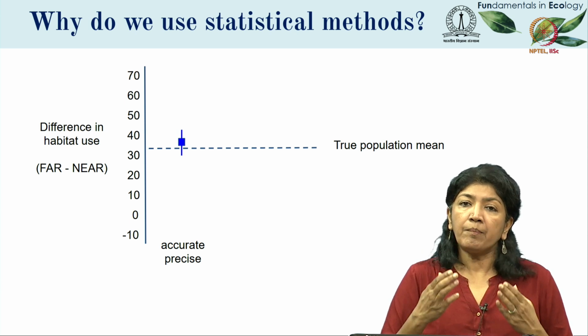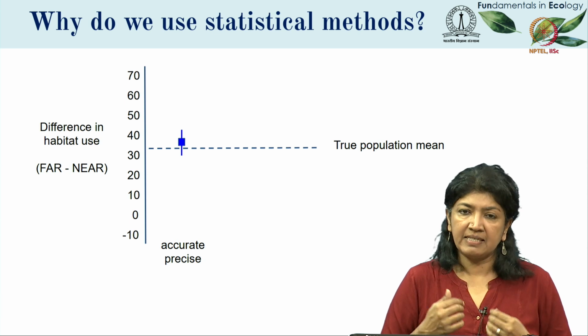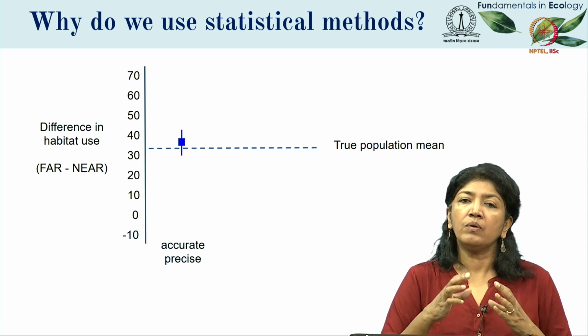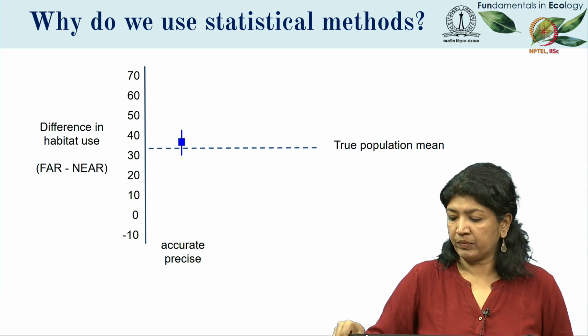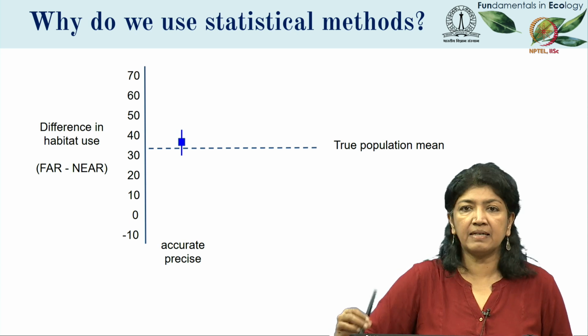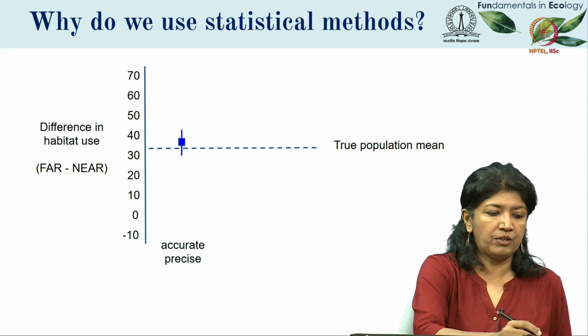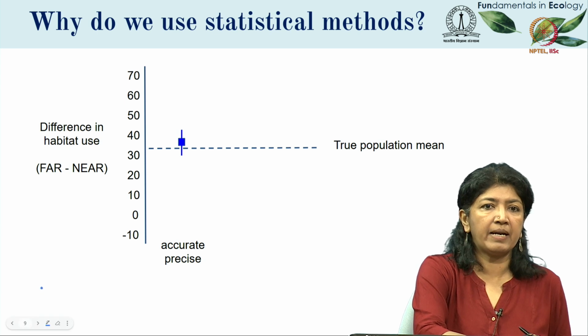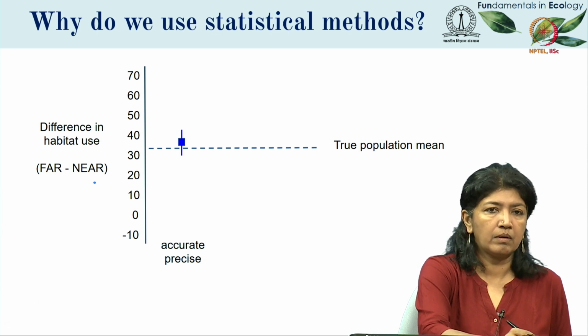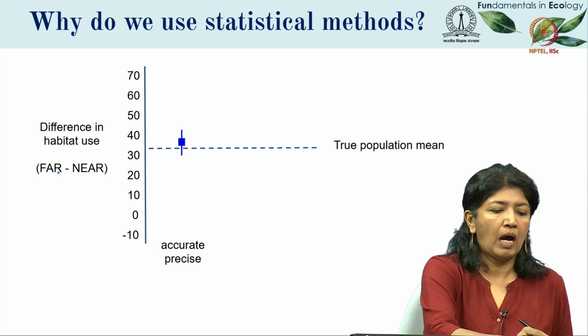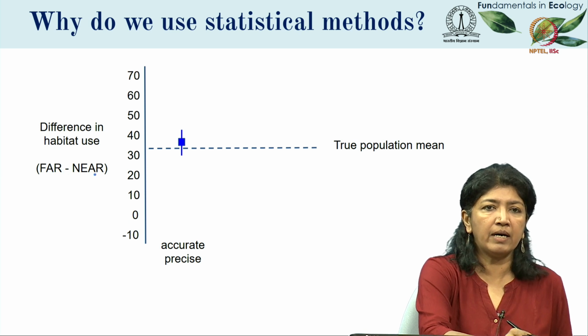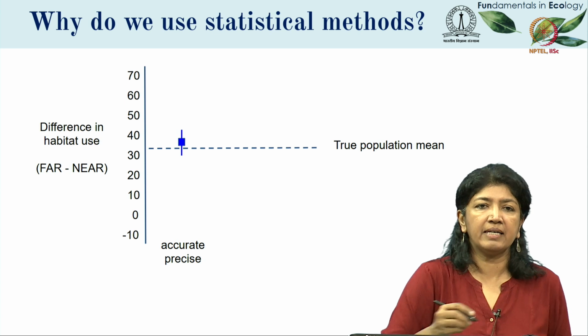So, suppose the question that I am interested in is to look at how butterflies in a certain forest, how does their habitat use vary depending on how far or near a road the habitat is.